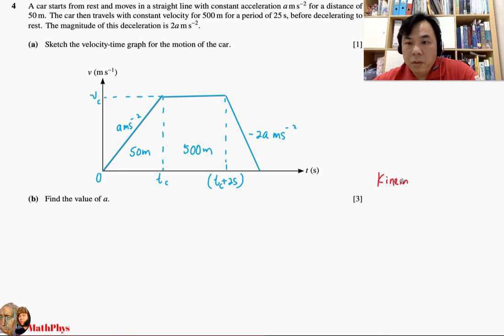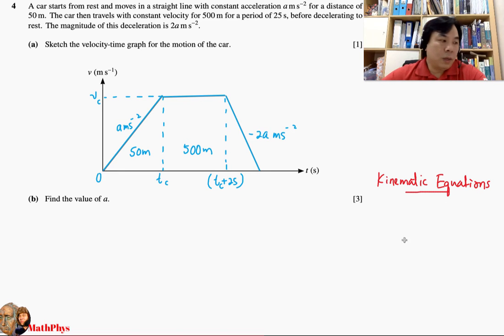Kinematic equations that you can find on the MF19 data booklet, right? Or you can actually memorize them. There's not much formula here. We only have the first one here, V equal to U plus AT.